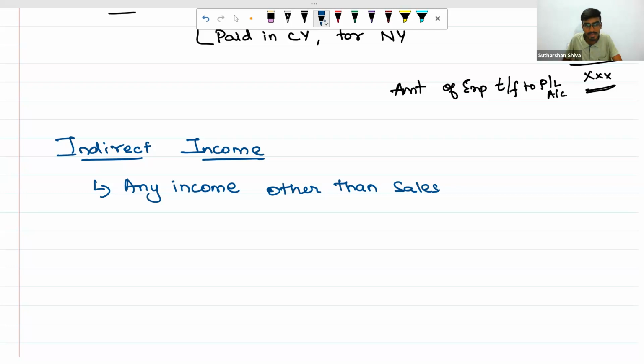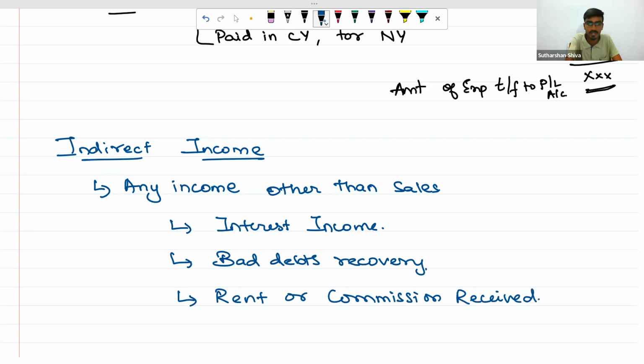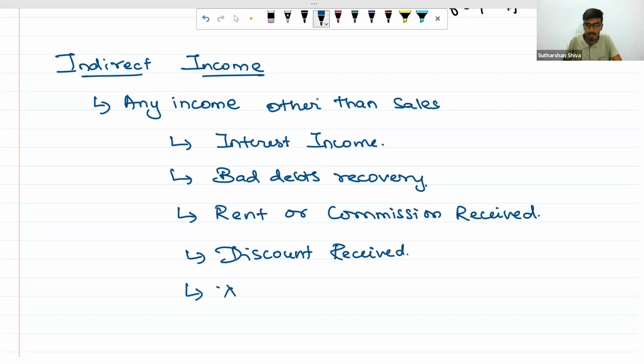That is like interest income, bad debt recovery, then rent or commission received, then discount received, then profit on sale of assets.